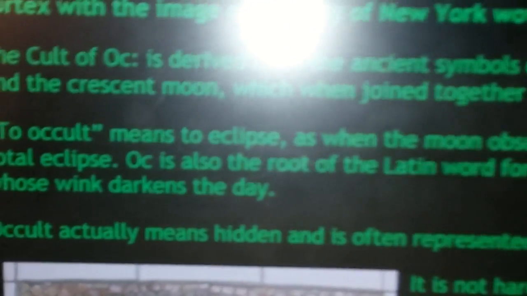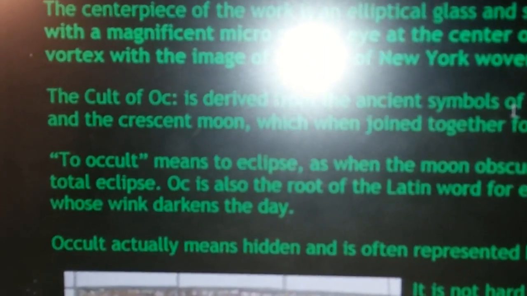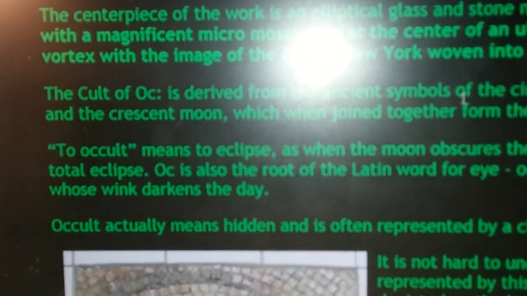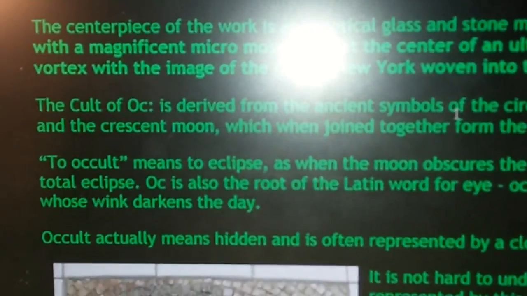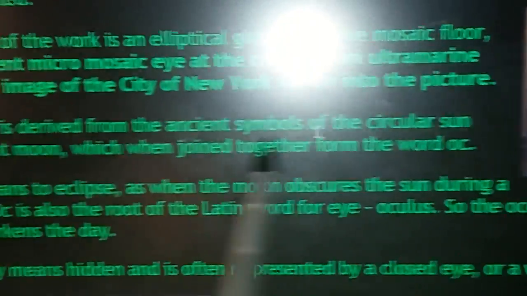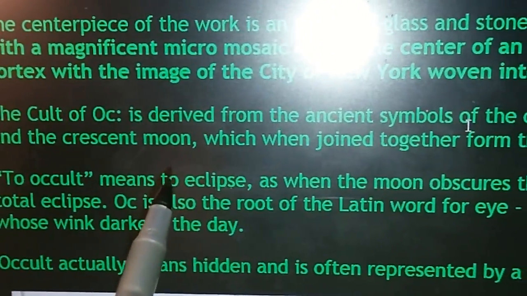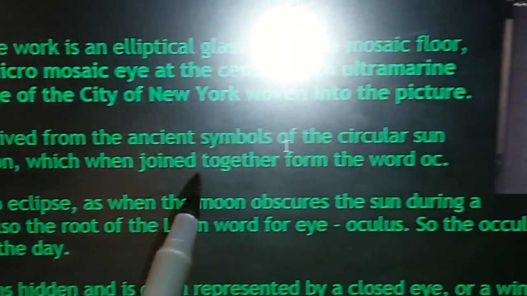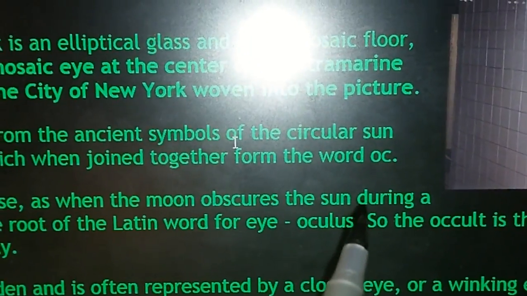And then we have the crescent moon, which is the Ak in occult. It is the occult symbol, the O and the C, the sun and the crescent moon, okay? The circular sun and the crescent moon, which were joined together, form the Ak.